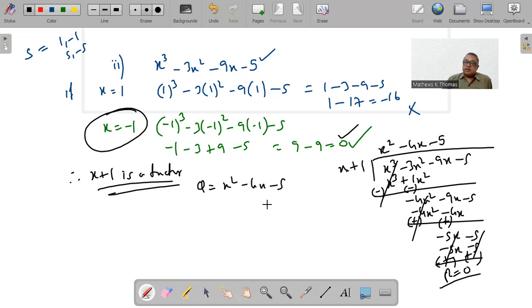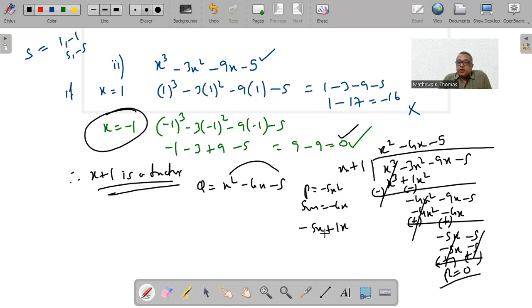You have to do the splitting, which we just now did in the previous question. So when I'm multiplying, I'm getting minus 5x square, right? And when I add, I should get minus 4x. So I should think of two numbers which on multiplying will give me minus 5 and on adding will give me minus 4. So what are the factors here? My factors will be minus 5x and plus 1x.